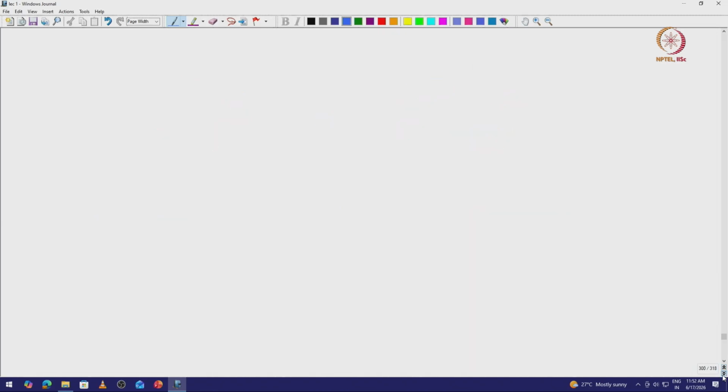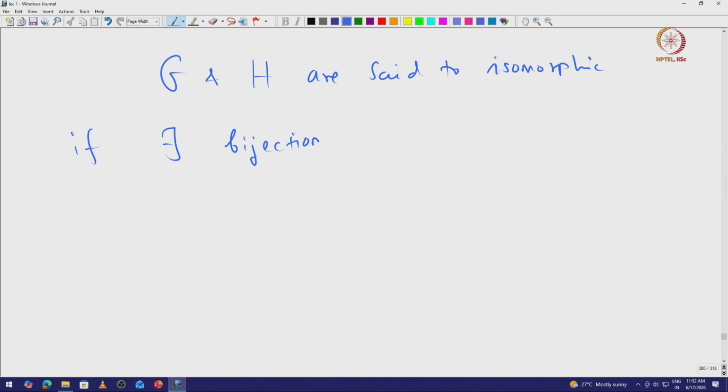Let us say we have two graphs G and H, and they are said to be isomorphic if there exist bijections, let us say theta from V of G to V of H. So, they should be bijectively corresponding.